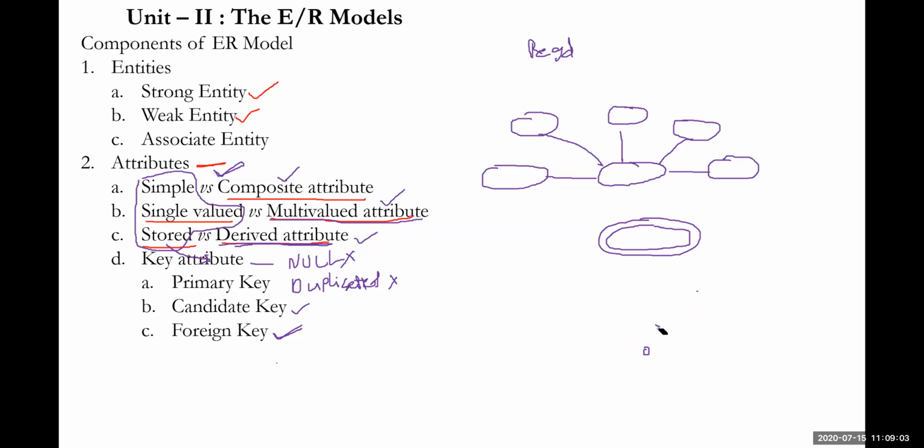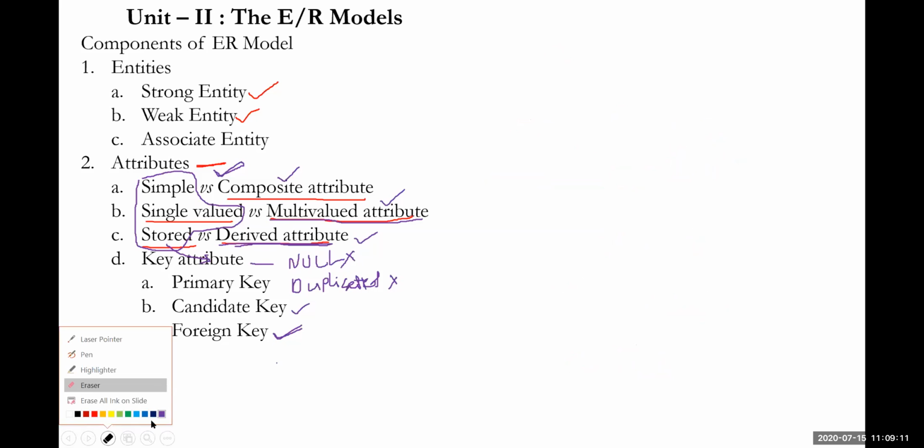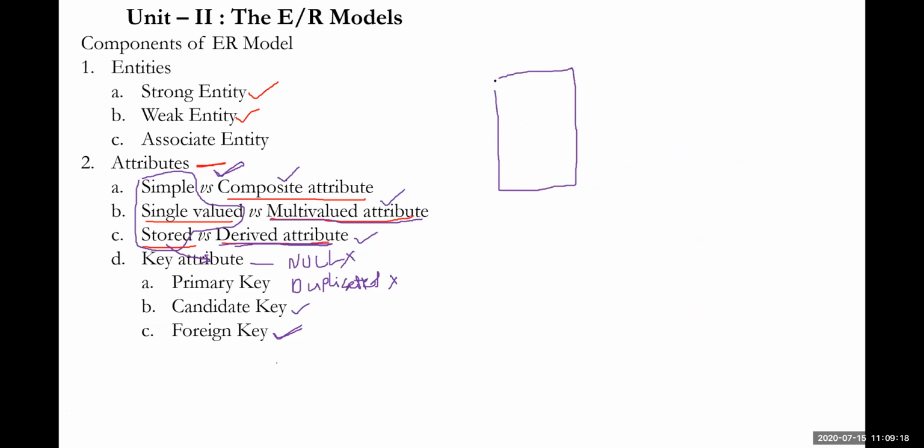Let me draw one more time for you, to understand in a better way. So look at this. There is a table something like this. Here one register number, one key attribute, will be there.